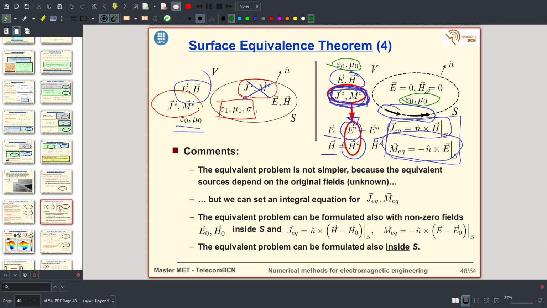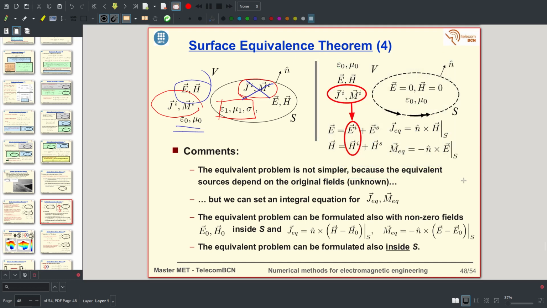So all the currents radiate in free space. By superposition we have the fields due to the impressed currents in free space, but only the impressed currents in volume B outside surface S, and these are called the incident fields. These are called the incident fields, the same as we defined in the volume equivalence theorem.